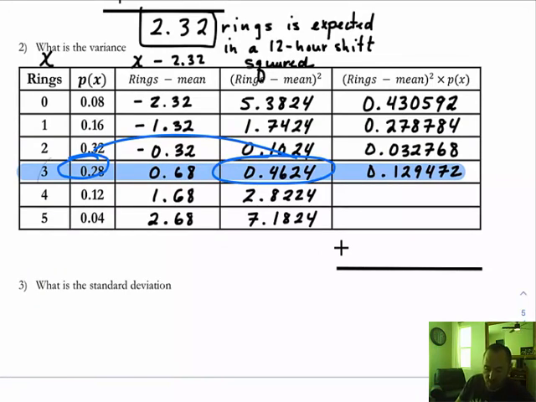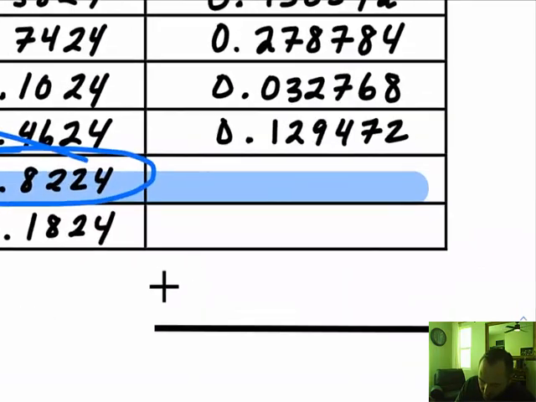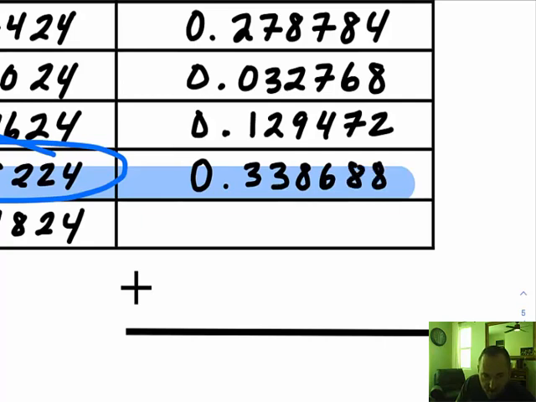Okay, the last two are pretty much that same procedure. For this next one, I'm going to take the 0.12, the probability, times that squared value, and I'm just going to write those answers down there. I think you get the idea. This next one's going to be 0.33888.